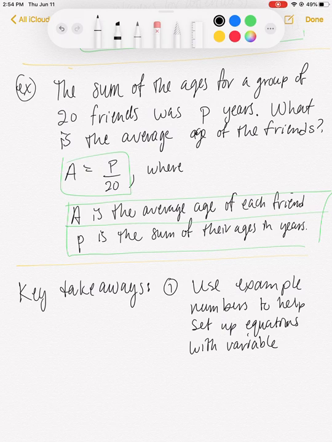Help set up those equations with variables. If you get stuck, or if you want to check your work.